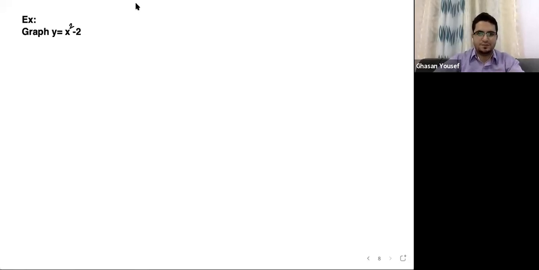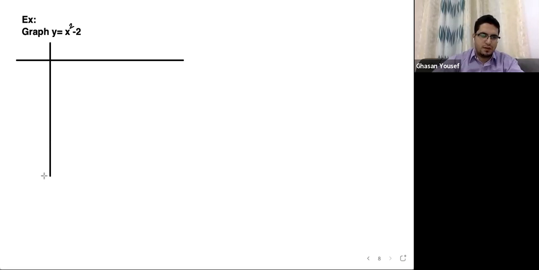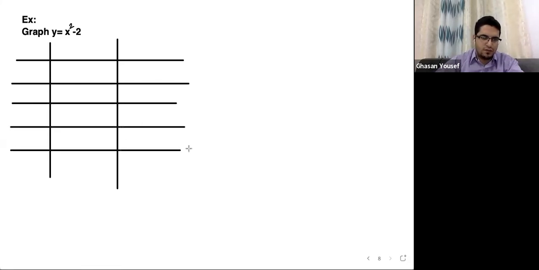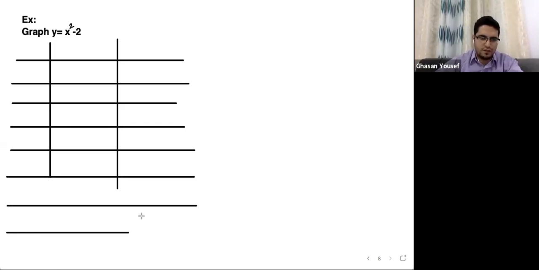Here is the table. So I need x and I need y, and also I need the ordered pairs. I need around 7 points. So here's 1, 2, 3, 4, 5, 6, and the last one 7.